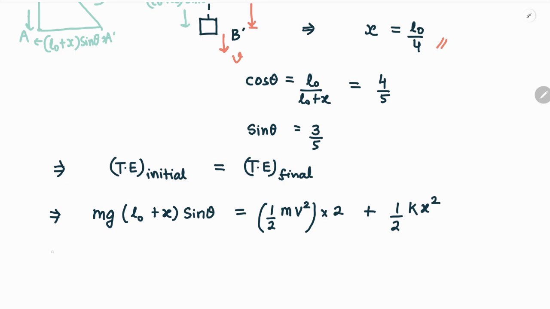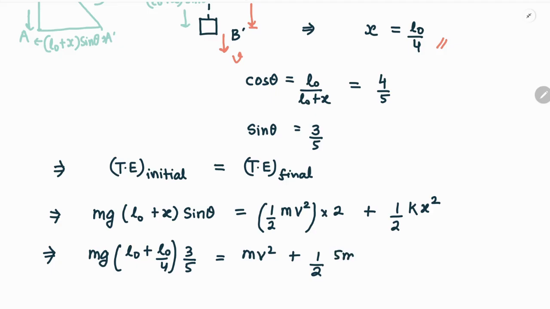Substituting the values, we can write mg (L0 plus L0 by 4) times sin theta as 3 by 5 equals, half and half cancelled out, mv square plus half, k written as 5 mg by L0, times x squared, and x is L0 by 4, so L0 square by 16.